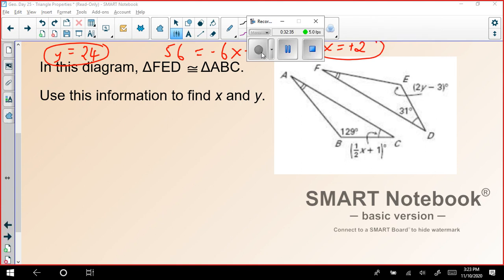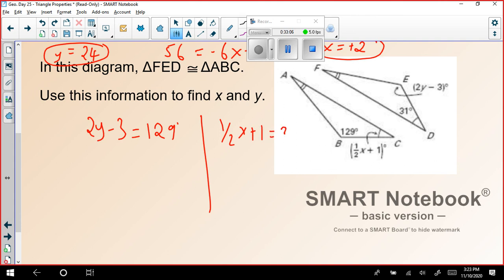So here once again I have to compare the angles. I don't need to compare F and A, they don't have anything. So let's see E and B. Angle E and B are equal, so I can say 2y minus 3 equals 129 degrees, as angle E equals angle B. And from angle C equals angle D, I can say that half x plus 1 equals 31 degrees, because these two are going to be congruent.